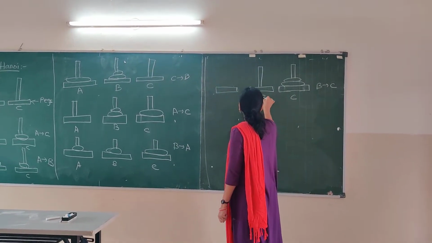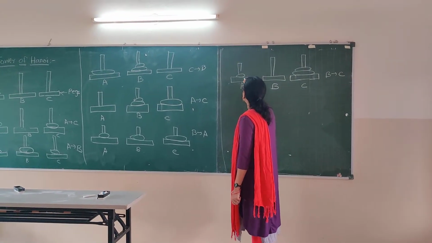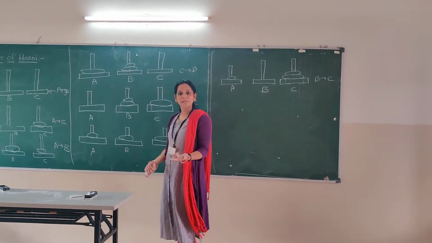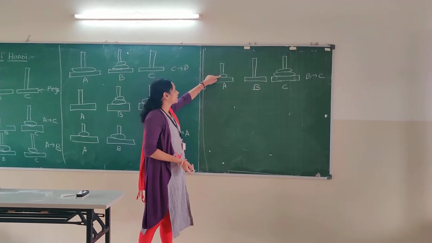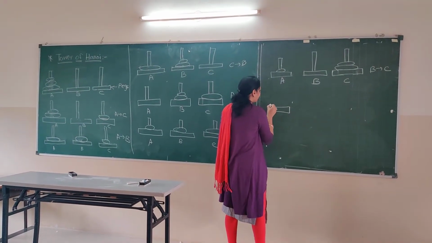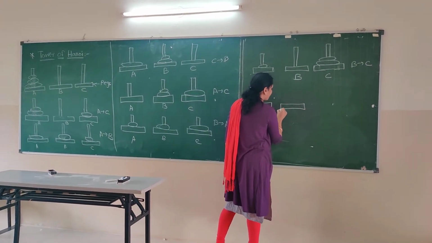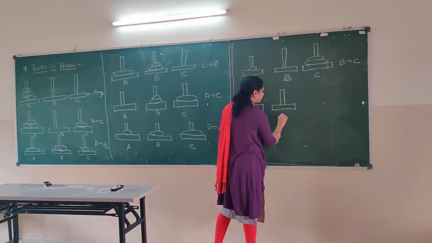B is blank. A has the smaller disc. Now what is remaining? This disc I will move to C. So in the next, A is blank, B is blank.